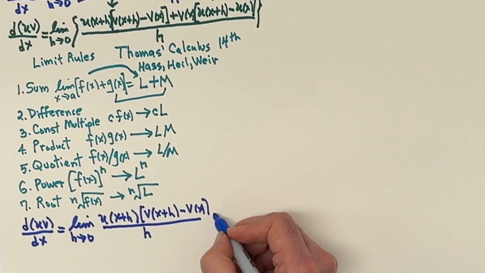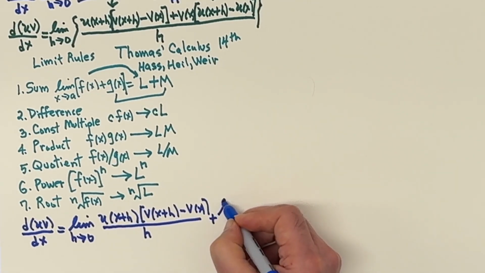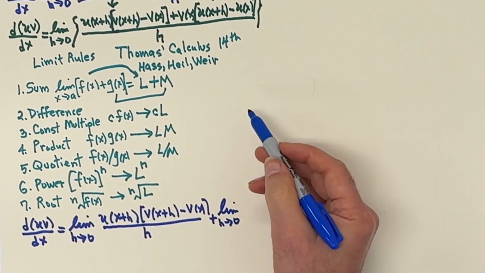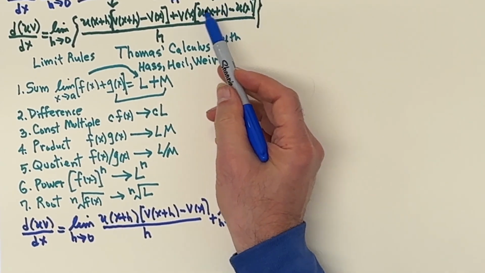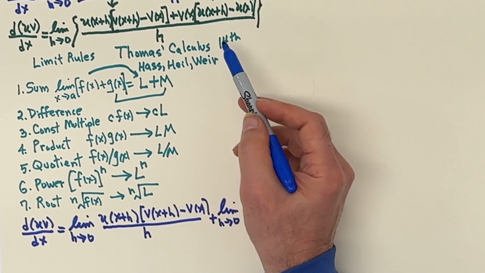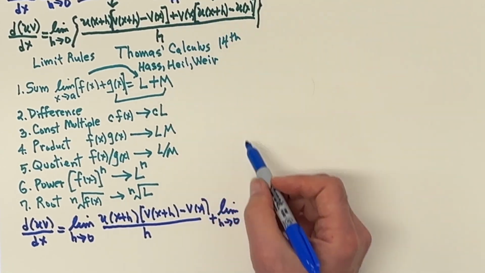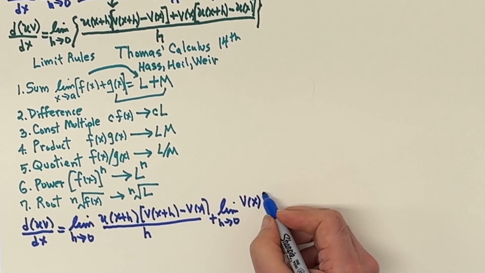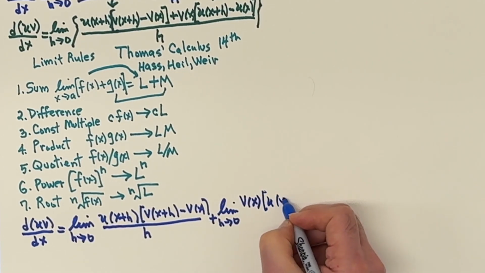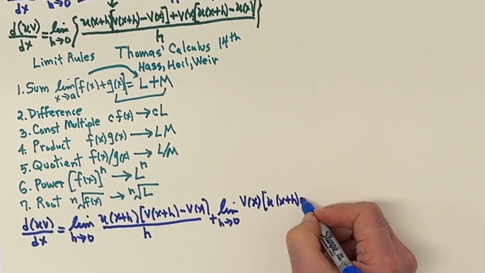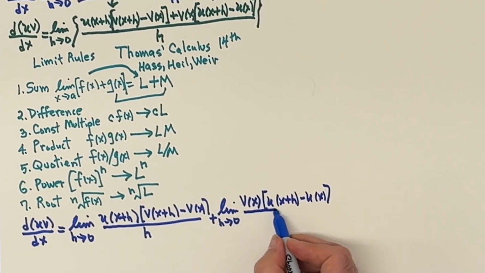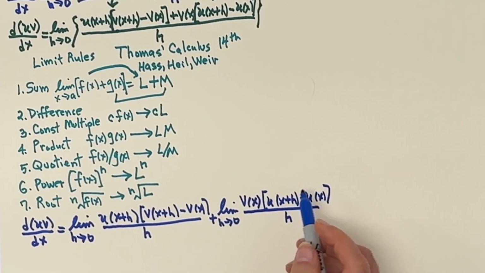So then we're going to add to this the limit as h goes to 0, and now we're going to copy this one down. So we have the v of x on the outside, that we have u of x plus h minus u of x, and that's over h.